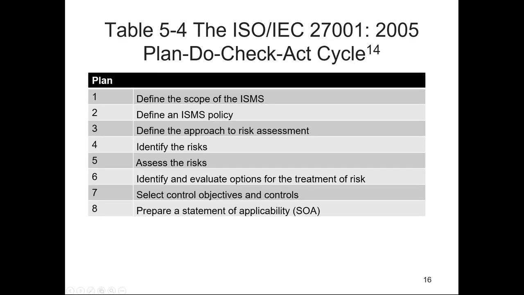In 2005, the ISO/IEC released the 27001 standard security model that has 4 steps in a cycle: plan, do, check, and act. In the planning phase, you define the scope of the information security management system, define an ISMS policy, and then define the approach to risk assessment.